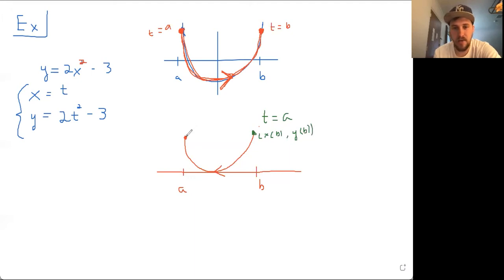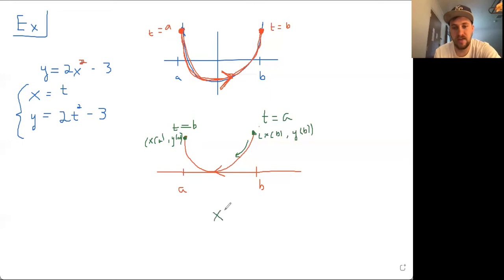And then we travel in this direction now, and we end up at time t equals b at the point x of a, y of a. And so we're going to have to define a different parameterization to do that.